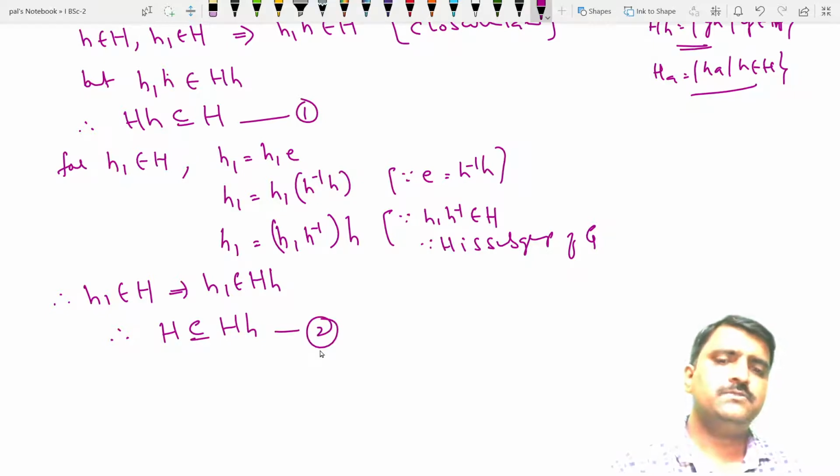Take this as 2. Okay, so initially we proved that the right coset HH is a subset of or equal to H, and finally here we proved that H is a subset of or equal to HH.